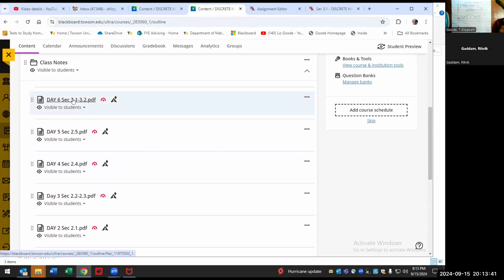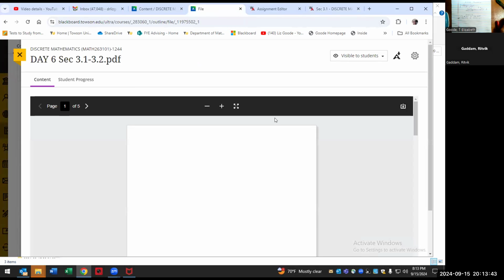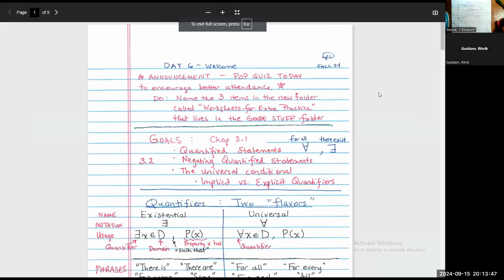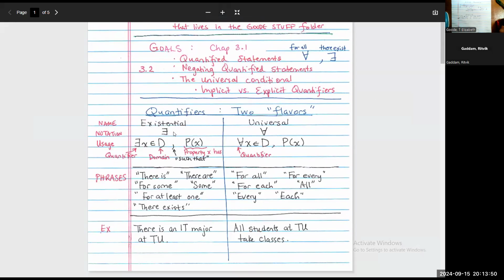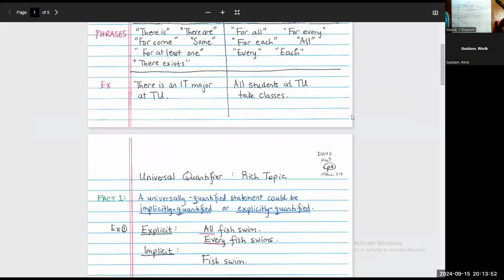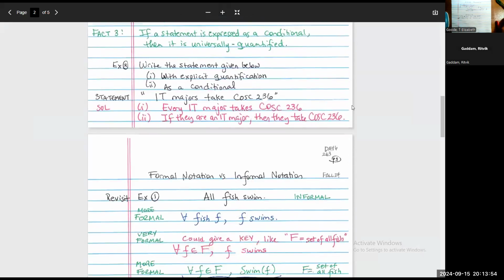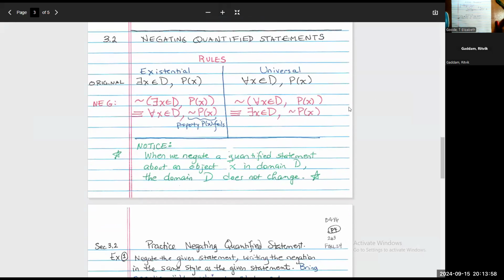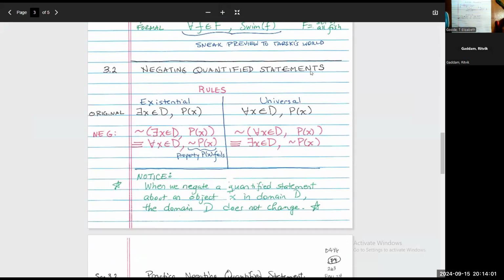Because we looked at this at some length. Let's take a look. So here are the quantifiers: there exists and for all, and then formal notation versus informal. Here we go. Negating quantified statements.